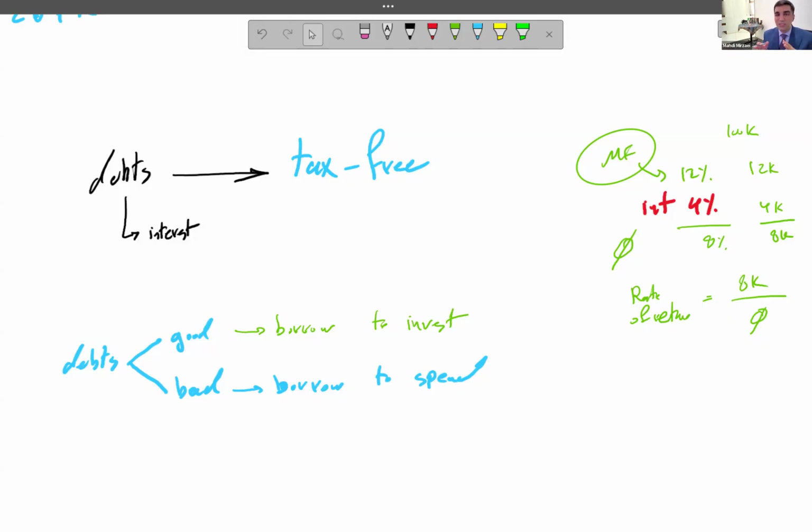And to have huge investments, you either should find some gamblers or you should borrow money. And borrowing money to invest has another name. It's called leveraging. So when you borrow to invest on a good debt, the interest is tax deductible.